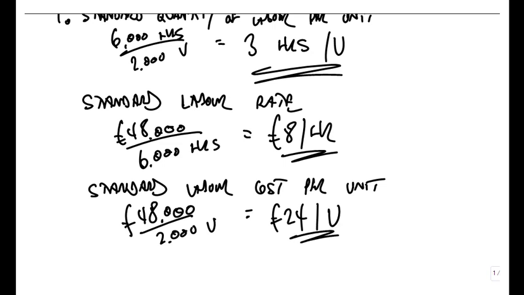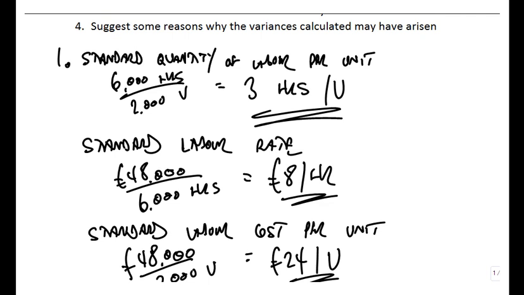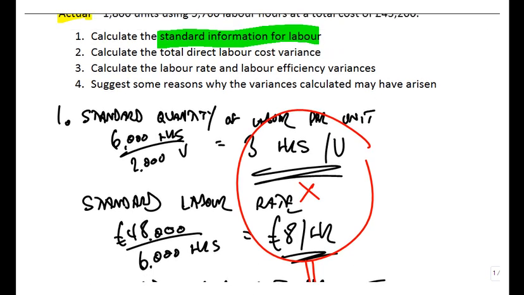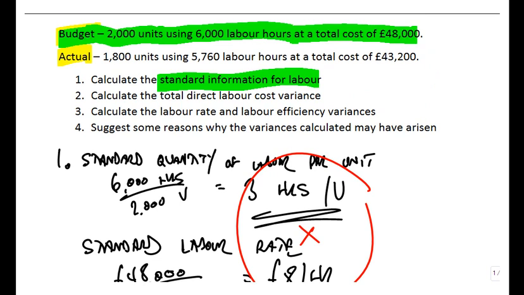And you can actually double check the logic of your numbers here, because if I was expecting every unit to take 3 hours, and I'm expecting to pay every hour £8, well, 3 hours times £8 per hour should give you the same £24 per unit. So that's the standard information I'm interested in here, based on the budgets that we were given.